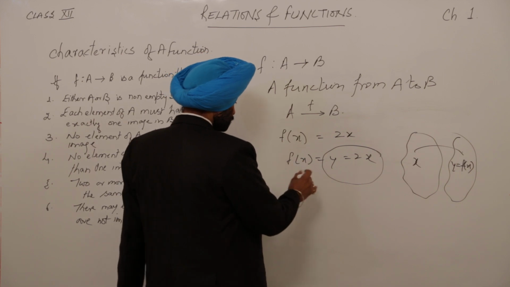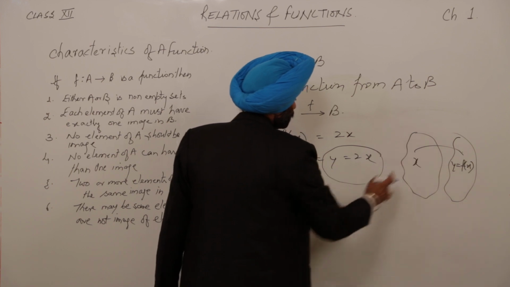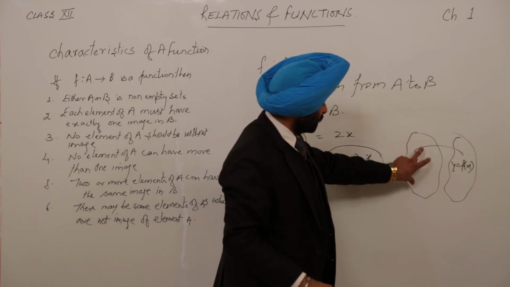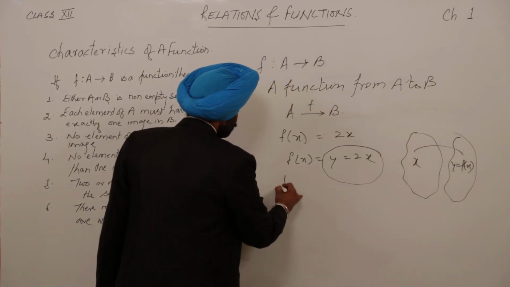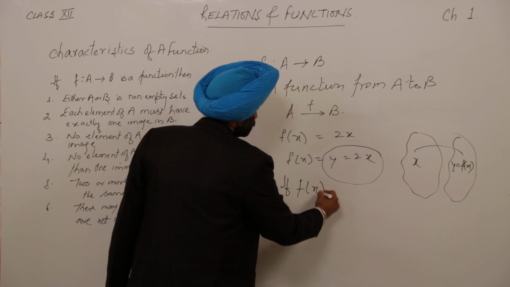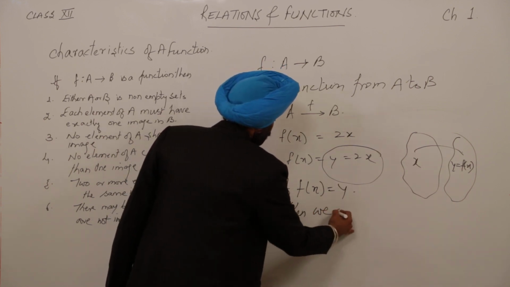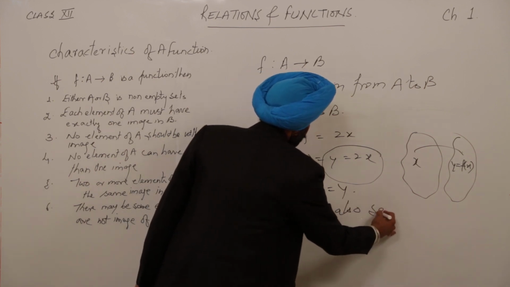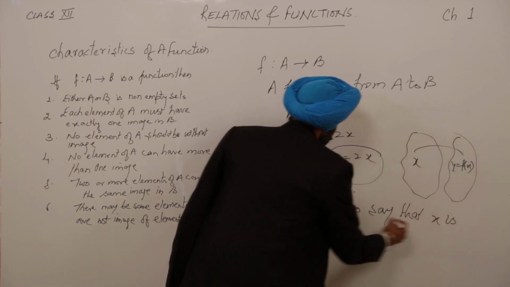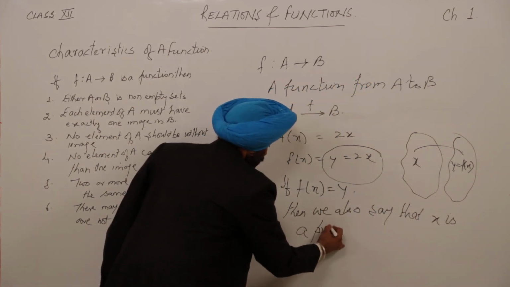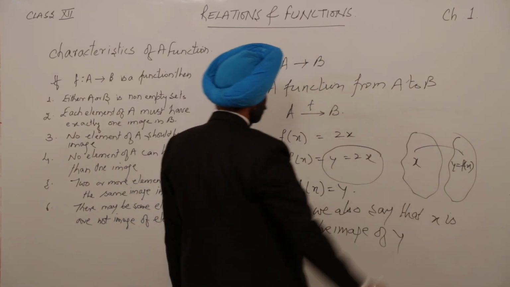Let me tell you what it is. Here x is the input and this is a function of x. So if f(x) is equal to y, then we also say that x is a pre-image of y.